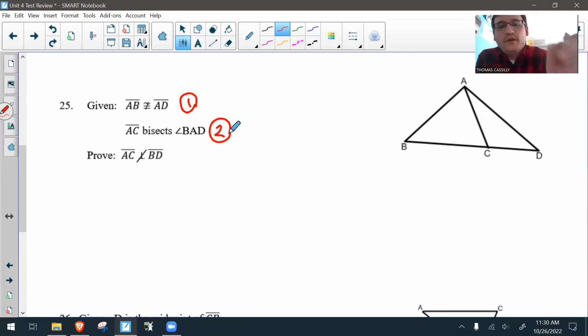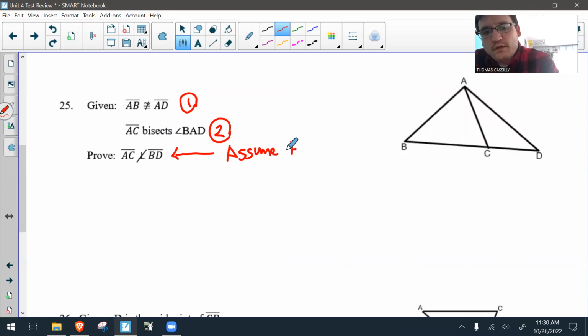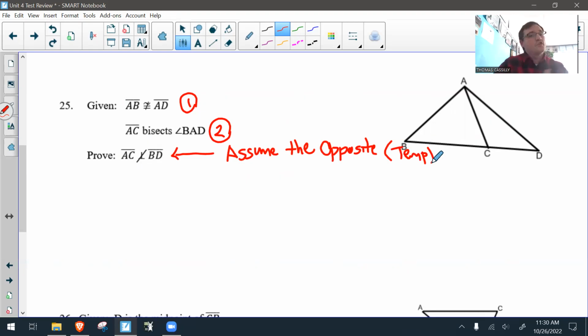Then what we're going to do is assume the opposite temporarily, and we're going to show that that leads to a contradiction, two things that say the exact opposite.